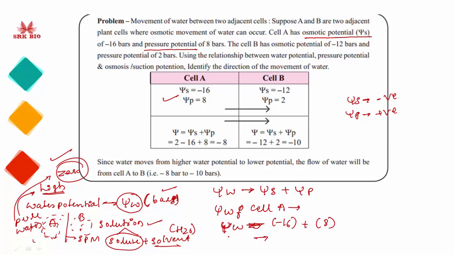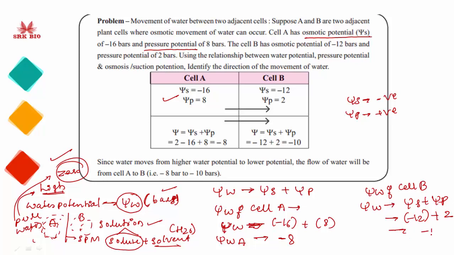So the water potential of cell A is minus 8. Like that, for the water potential of cell B, let us put in the given values, psi S plus psi P. The psi S of cell B is minus 12 bars and psi P is plus 2 bars. This becomes minus 10.